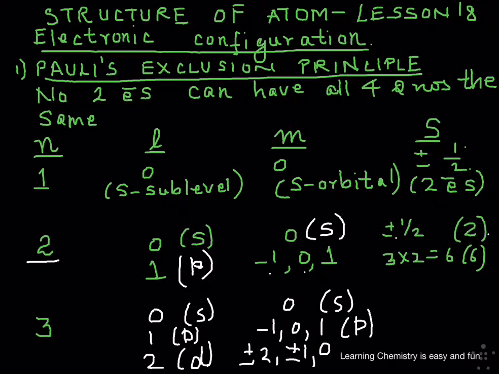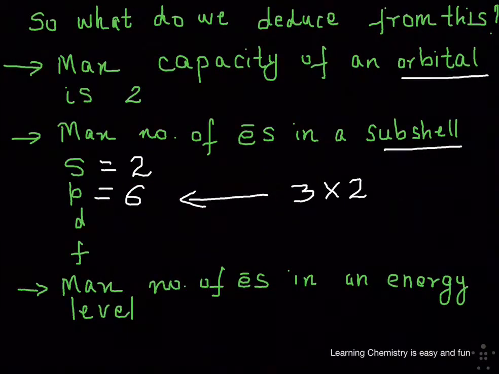So, how many orbitals are there in d? Yes, it's 5. And 5 times 2, because the capacity of each orbital is 2, gives me a total of 10. So, this gives me the maximum number of electrons in the d subshell as 10.